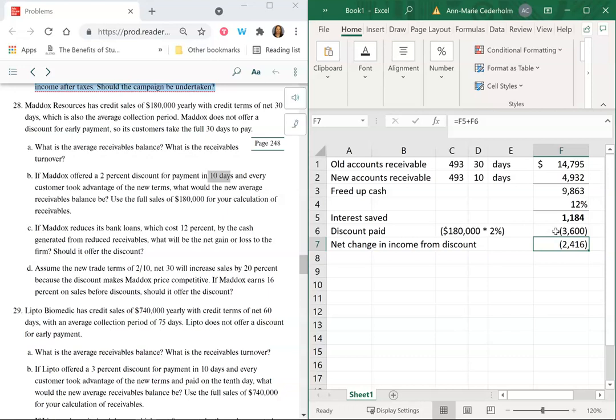If I'm in a negative, by offering this discount, I'm actually going to lose $2,416. So in this case, I would say no, don't offer the discount, because you'll end up losing money in the long run. So just to verbalize that, if negative, say no and don't do it. In this case, don't offer the discount based off of the quantitative analysis.